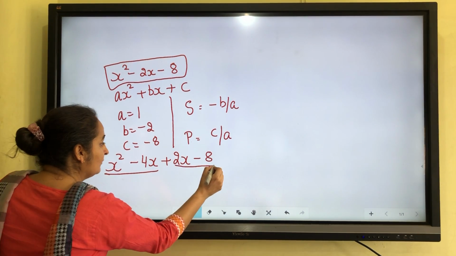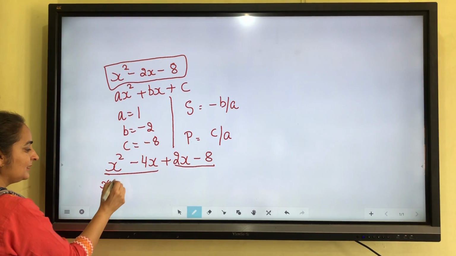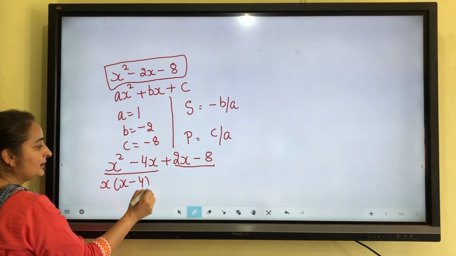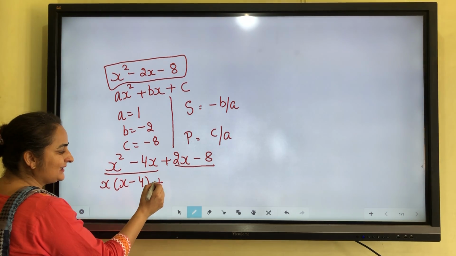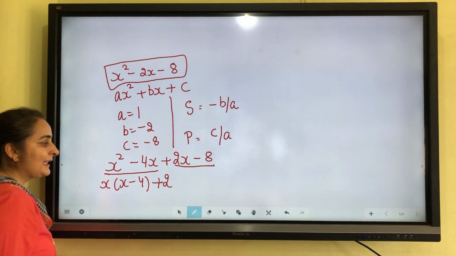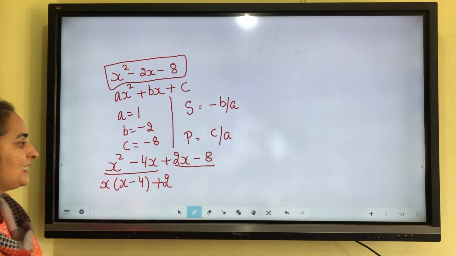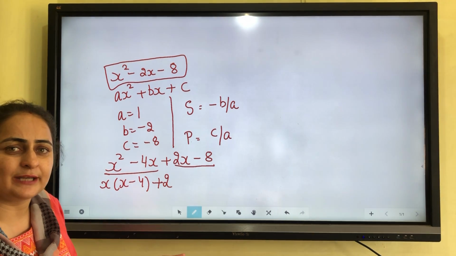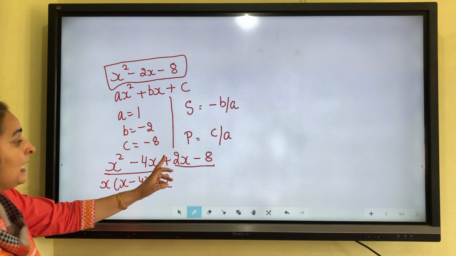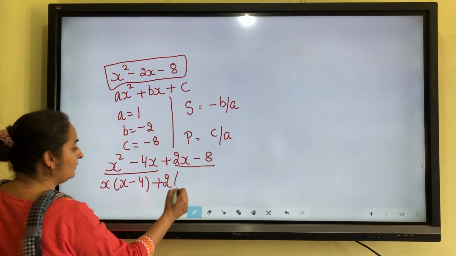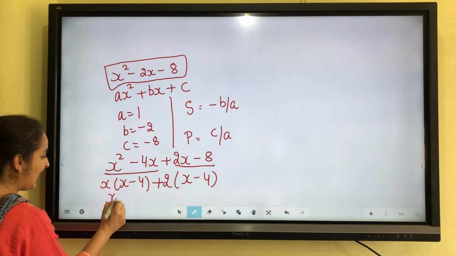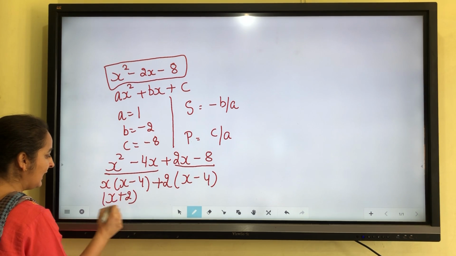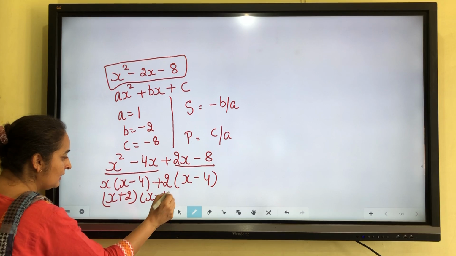Now, pairing the numbers and taking common factors, if there is plus then I use plus here, and if minus then minus. Again, in the next pair you will check whether there is any number you can take out as common. Here I am taking 2 common, so the factor is x minus 4. Now next, x plus 2 and x minus 4.